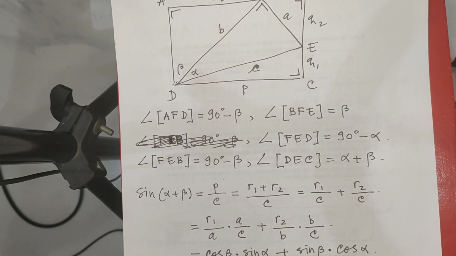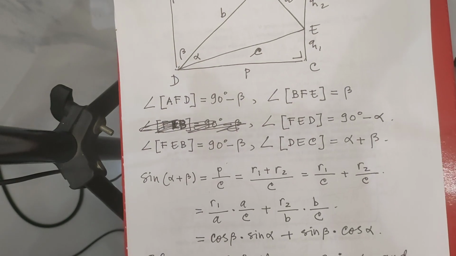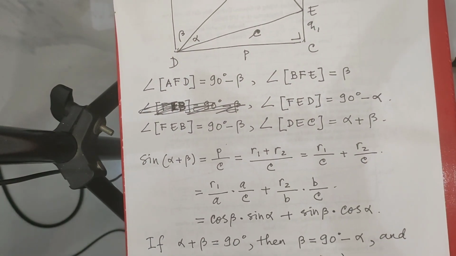And finally, surprisingly, angle DEC is equal to alpha plus beta. Now, from this, we can define the sine of alpha plus beta is equal to cosine beta multiplied by sine alpha plus sine beta multiplied by cos alpha.